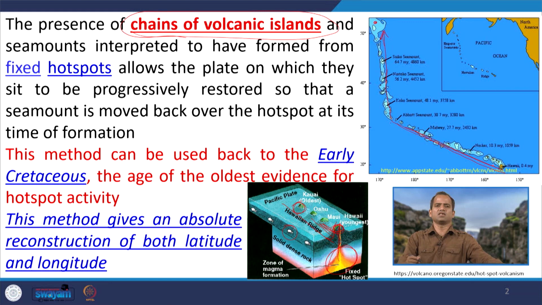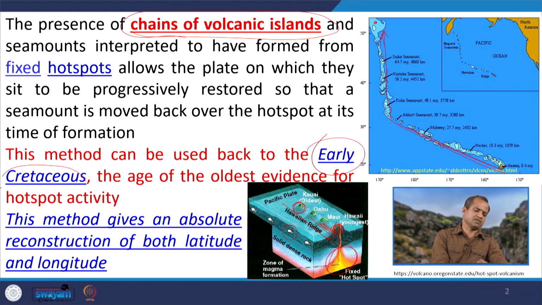That means earlier the plate motion was in this direction and now the plate is moving in a different direction. So the directional change of a plate can also be studied from this hotspot association. But unfortunately, this method can be used only up to the early Cretaceous.